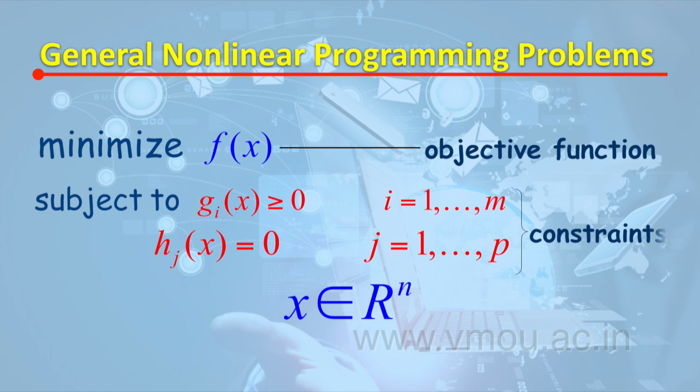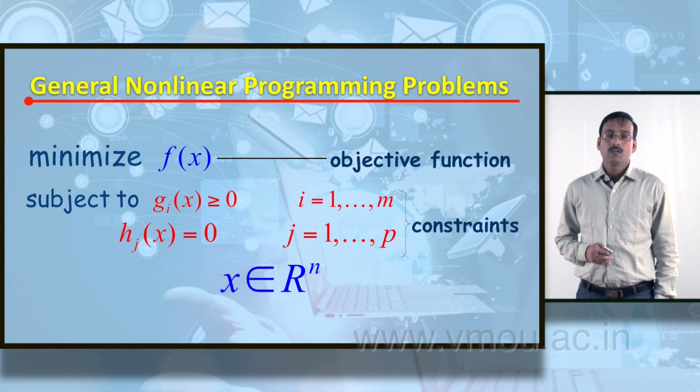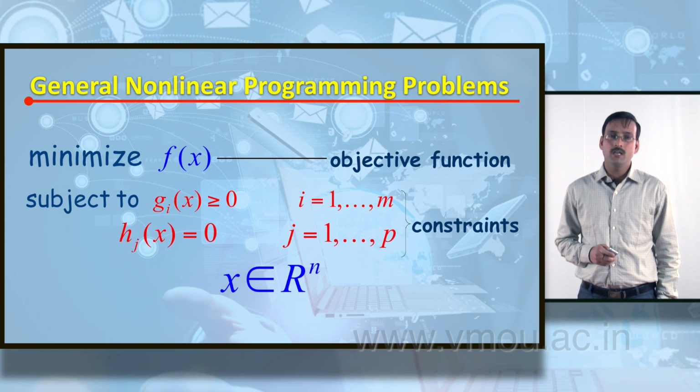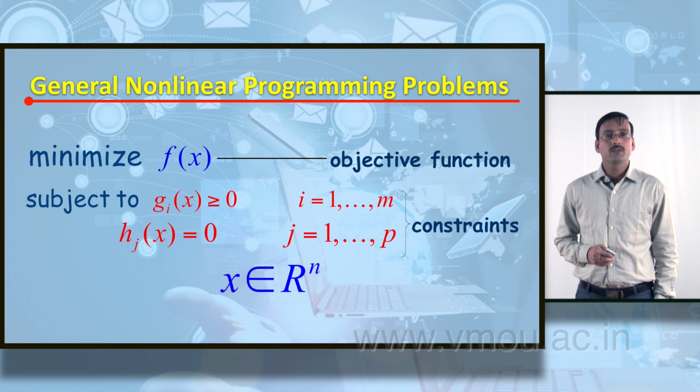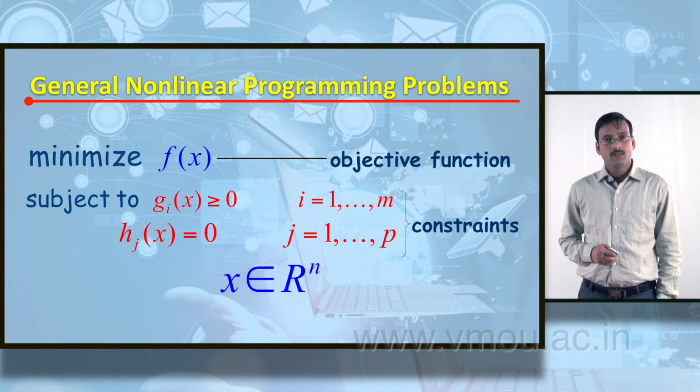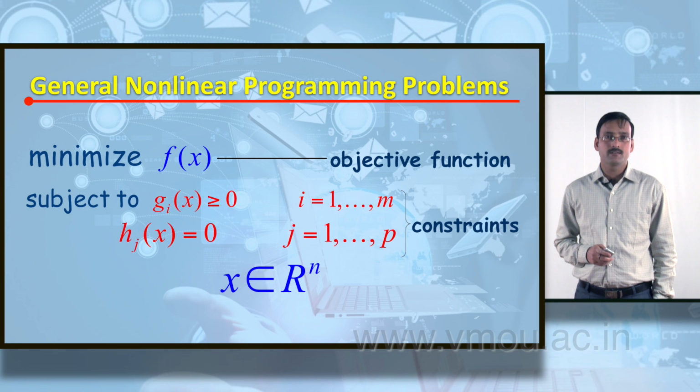This particular function is known as the objective function in optimization. The minimization or maximization of this objective function is subject to a set of constraints, denoted in the red text: g_i(x) is greater than or equal to 0, i varies from 1 to m. So, there are m inequality constraints, and the next set of constraints is the equality constraints.